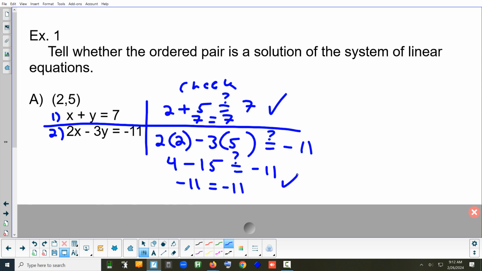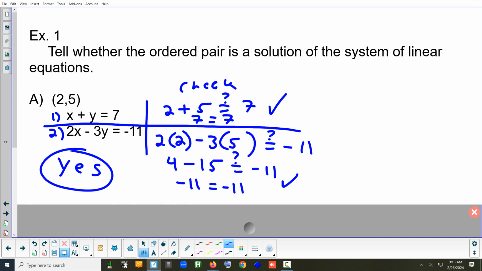So now tell whether this ordered pair is a solution. Is it a solution, yes or no? Yes, it is. And it's the only solution. You couldn't find 2 other numbers that would work. It's impossible. Because if we draw each one of these, what's the shape when we draw these as a graph? What do they look like? They don't look like a dot when we draw each one.